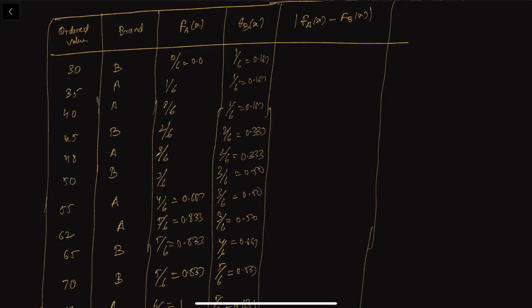For B it is 0, 0.167, 0.333, 0.333, and here 0.50 and 0.50.